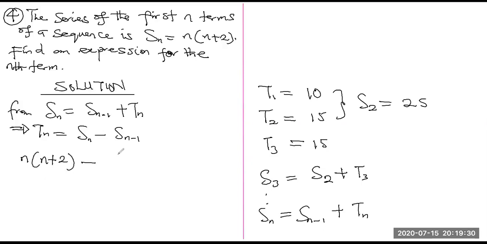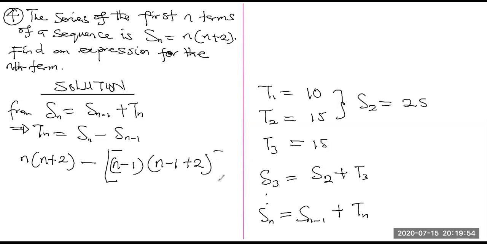Sn minus 1 is not given, but you can get it from Sn, because Sn minus 1 is just simply replacing your n with n minus 1. So wherever you see n, you put n minus 1. This is n, I'm going to have n minus 1. All right. Now multiplying this bracket, that bracket is n plus 2. I'll replace n with n minus 1, n minus 1, then plus 2.